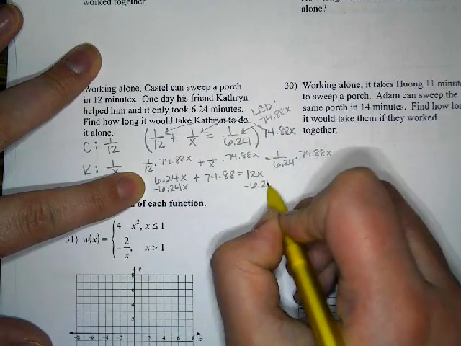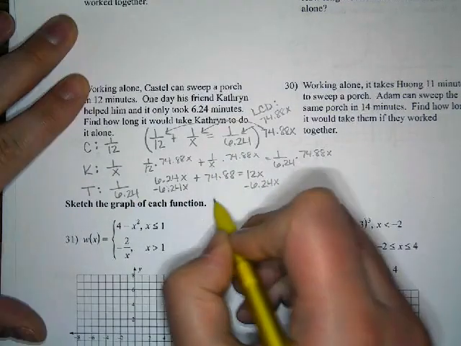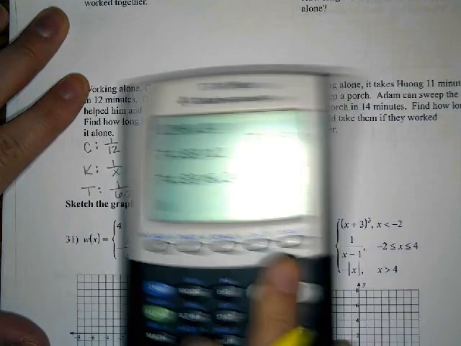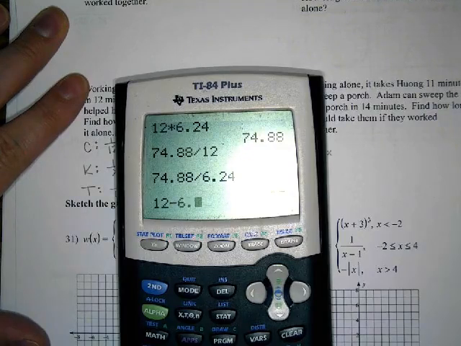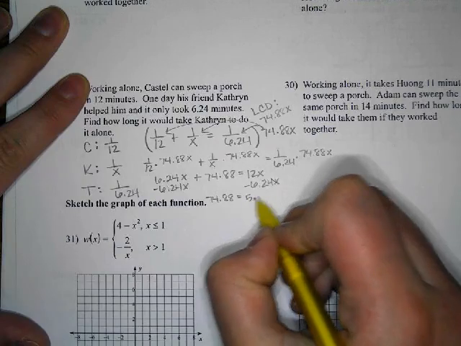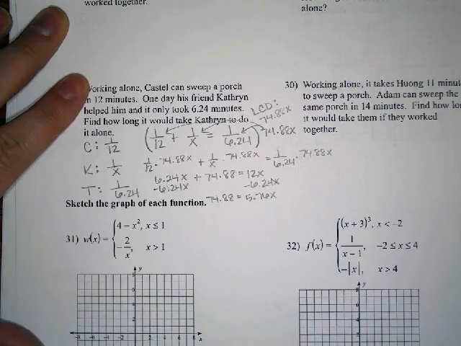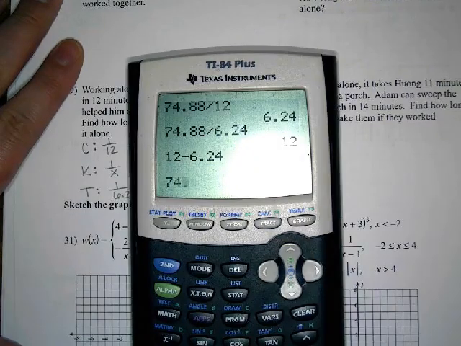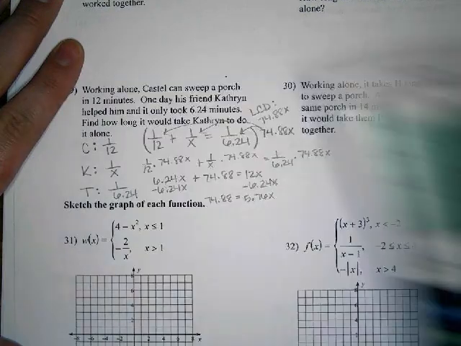So 12 minus 6.24 is 5.76x. And so now I'm going to do 74.88 divided by 5.76. And it works out to be a whole number, which makes sense because it's like they did the problem with the whole number first and then kind of got the reverse answer.